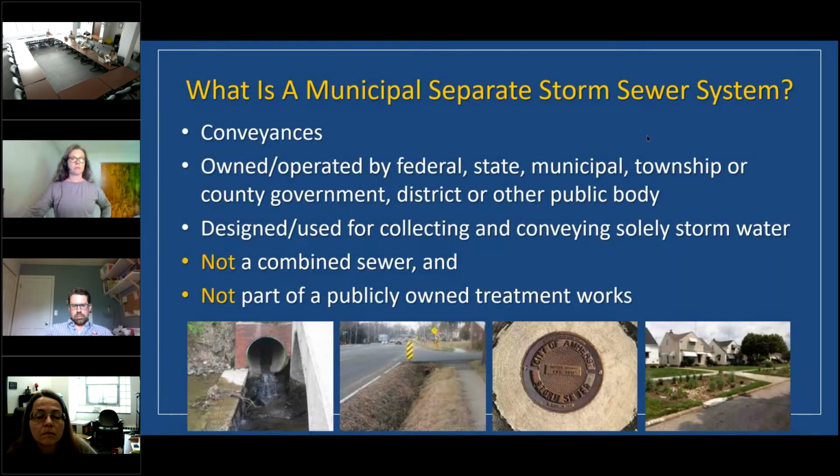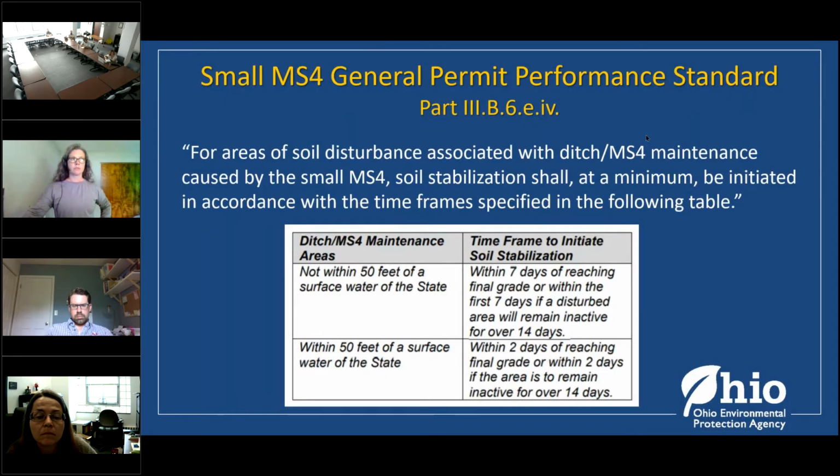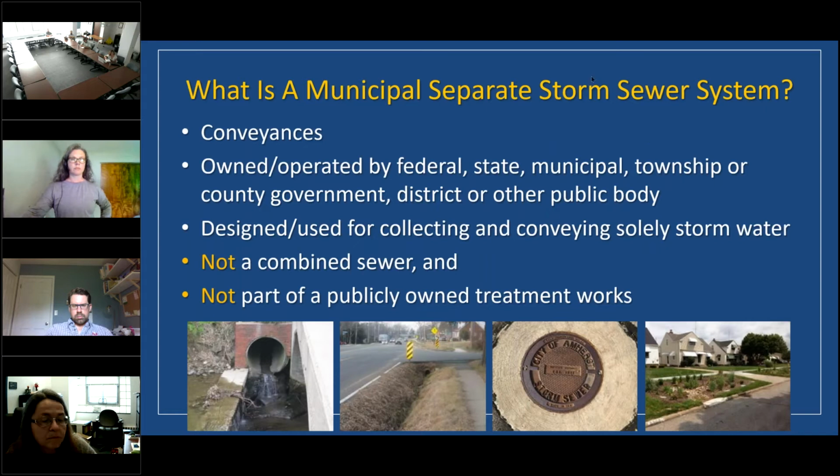I want to highlight a few items on this. So what is the MS4? Because it's when we're doing maintenance that this performance standard kicks in. It's a conveyance. It's owned and operated by a public entity. It's designed and used for conveying solely stormwater.